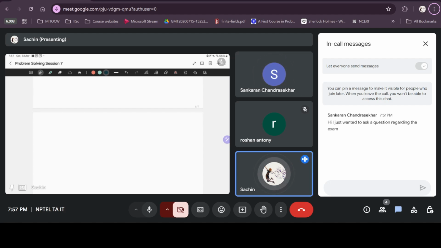Even TAs who haven't set the questions should be able to solve. They will time it. At least that's what they do in IIT. They will time it such that the TAs can do it within one third of the time that a student is expected to do it within. But the NPTEL specific, I don't know.